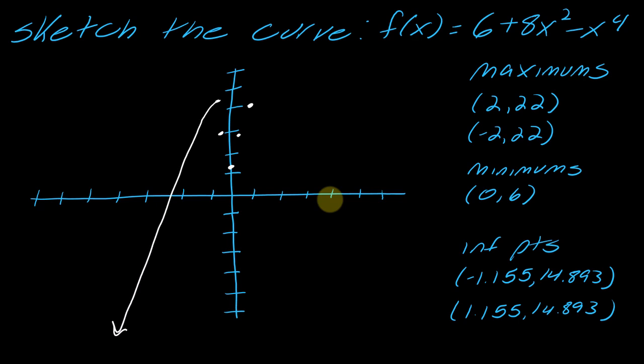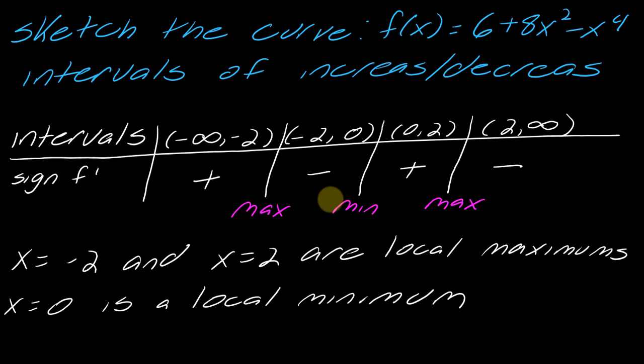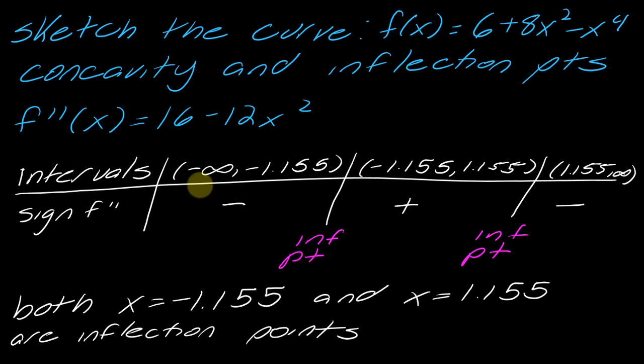And after that, I need to be decreasing. Now the other thing to keep in mind is that I'm going to be decreasing all the way to 0. And what I should really see is that from negative infinity to negative 1.155, this should be concave down. So let's work on that part.